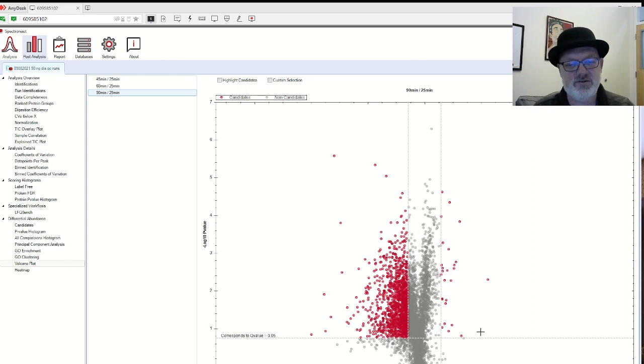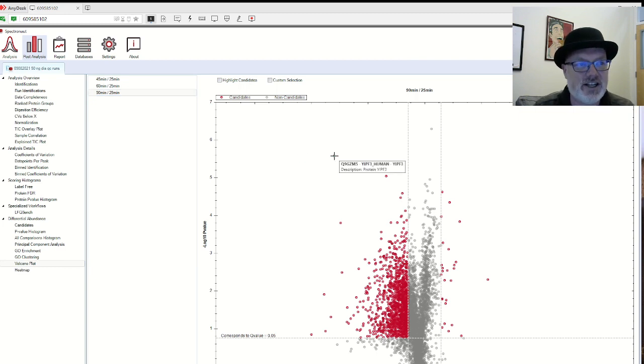Anyway, on the bottom, that's the log 2 fold change. And on the y-axis is the p-value. So you look for things with high fold change and a low p-value. So this is the inverse, the log 10 of the p-value. So this would have a good p-value that's differentially regulated.